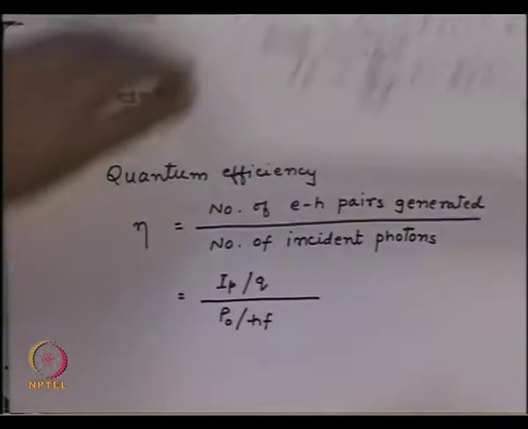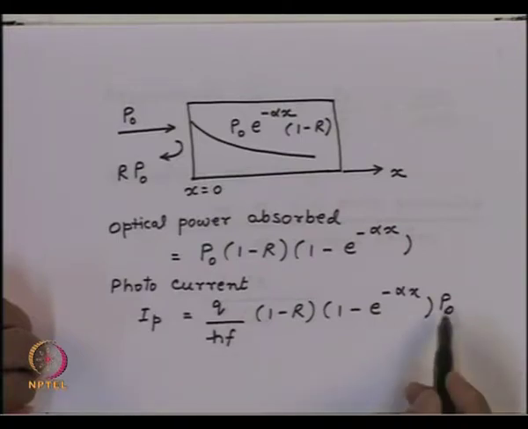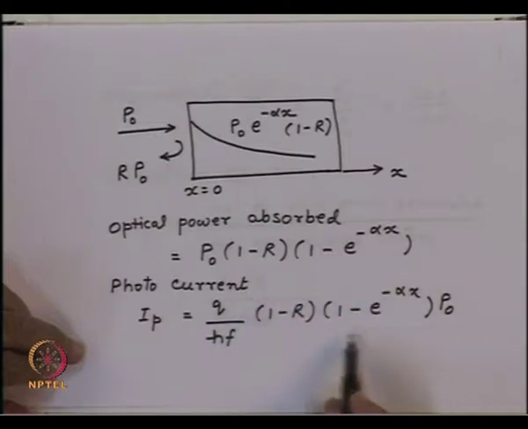So, if I look at this expression, I_P divided by q, divided by P naught divided by h f, where h f is the photon energy, this quantity essentially gives you what is called the quantum efficiency.